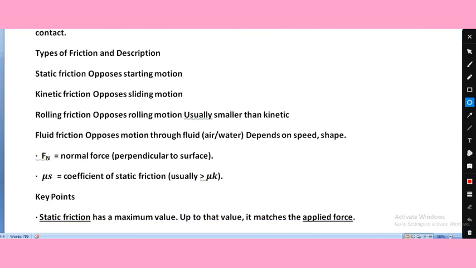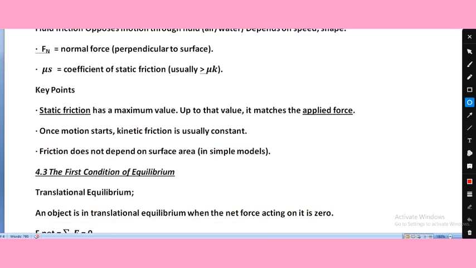The other thing we have to know about frictional force is the coefficient of friction, which can be divided into the coefficient of static friction and the coefficient of kinetic friction. The coefficient of static friction is greater than the coefficient of kinetic friction.